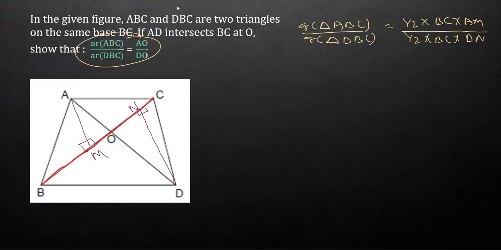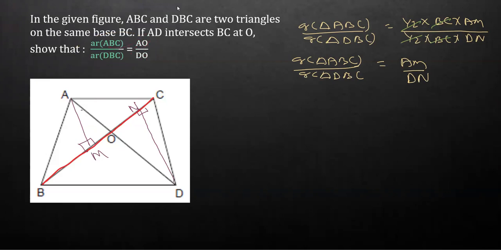We can clearly see that half and half, BC and BC get cancelled. So finally we get the relation between these two as area of triangle ABC over area of triangle DBC is equal to AM upon DN.